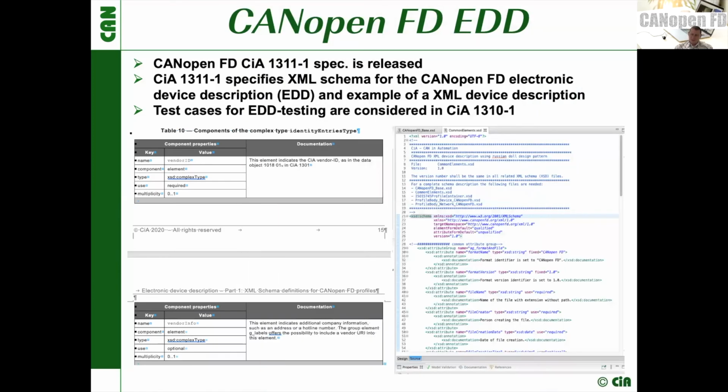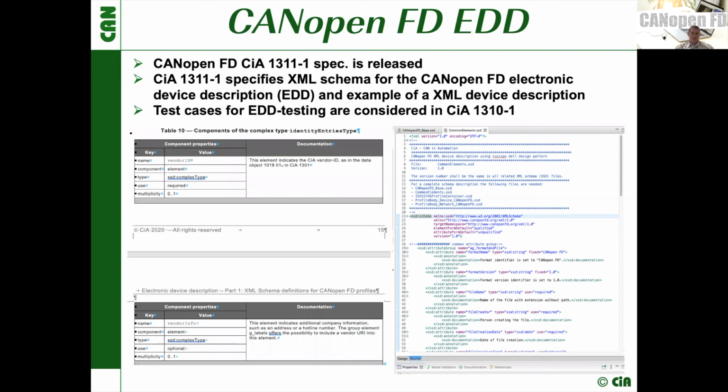When we're talking about CANopen FD device testing, we also have to consider the electronic device description of CANopen FD devices. Also here, we made a big step forward. The XML specification in the first version is released. A starting point for describing CANopen FD devices was the already existing XML specification for classic CANopen devices.